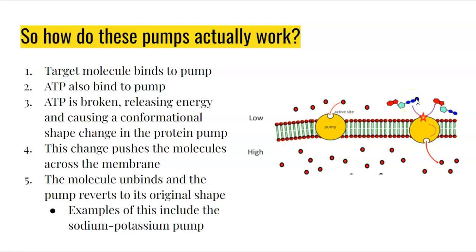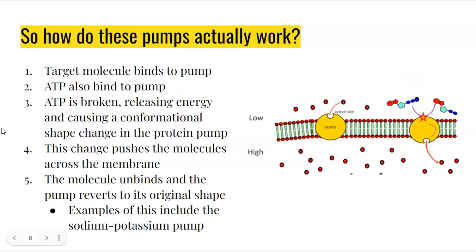Once ATP goes through that hydrolysis and breaks off the third phosphate, which is what I talked about on the previous slide, the actual pump will change shape and it will kind of flip, right? So now it will close this side and open the other side and allow that molecule to unbind and be released into the other side of the membrane. Once this is all done, the pump will go back to its original form, which is being open on the original side.